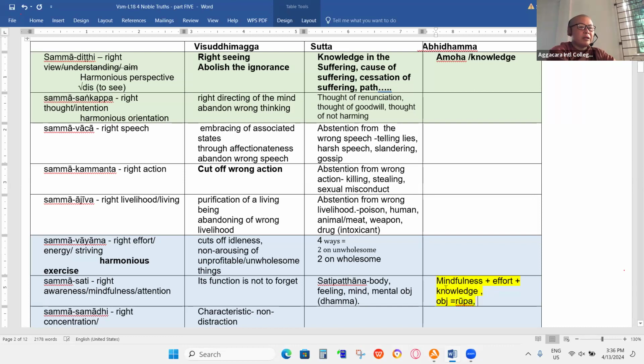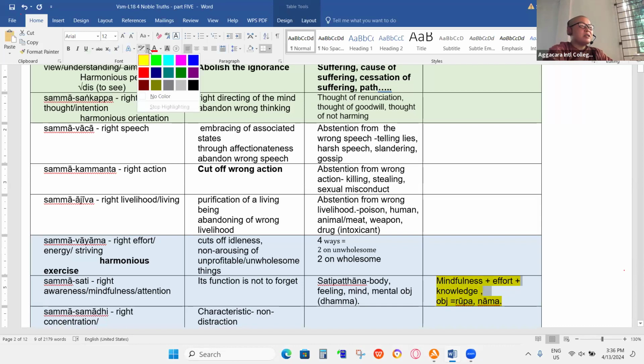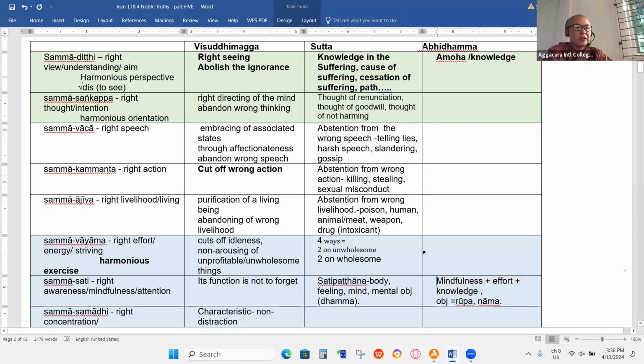Rupa and nama. So we can put it like this. So when you meditate, you know clearly what the Buddha is trying to tell us, the method to meditate.